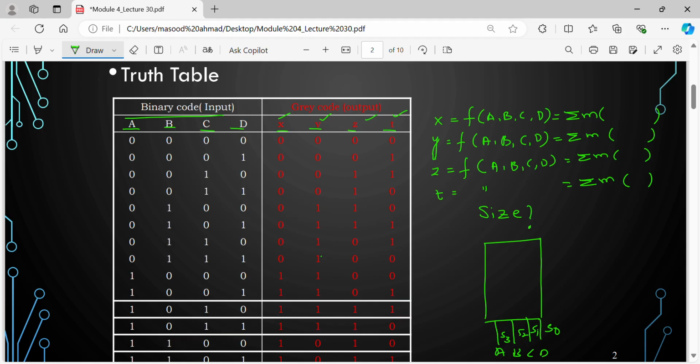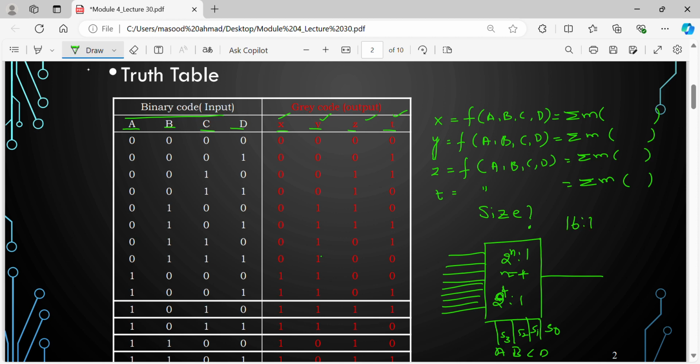When there are 4 selection lines, there is an output and there will be some inputs. How many inputs for 4 selection lines? I can calculate, which is 2 power n to 1. Here n is 4, so 2 power 4 is 16 to 1 mux.